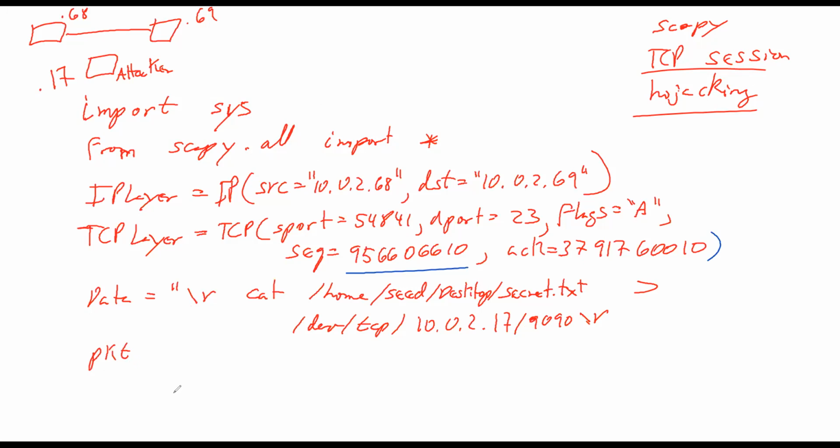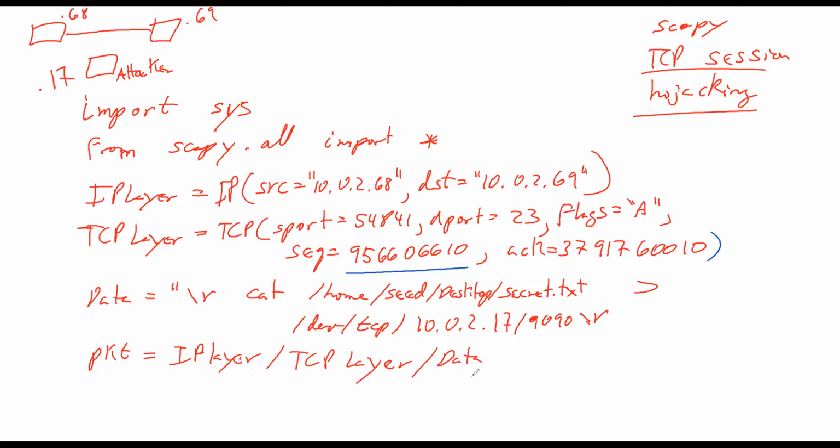So this is going to be the IP layer, and then, as usual, / TCP layer. This should be so easy for you now, / and then finally data.